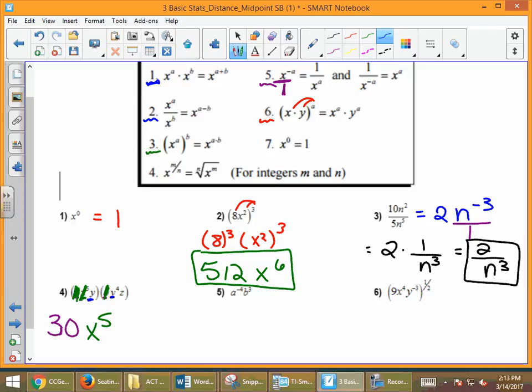There's no exponent. 1. So when we add them, 1 plus 4 is what? 5. Scratch them out. Done with the y's. Is there anything to be multiplied with the z? Nope. So that's not going to change. It's just going to stay z.